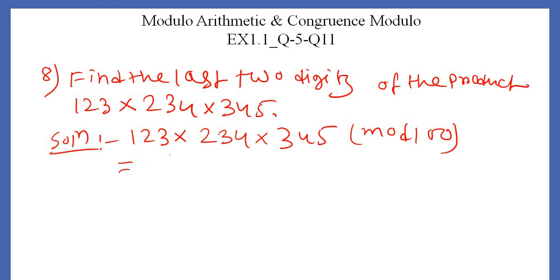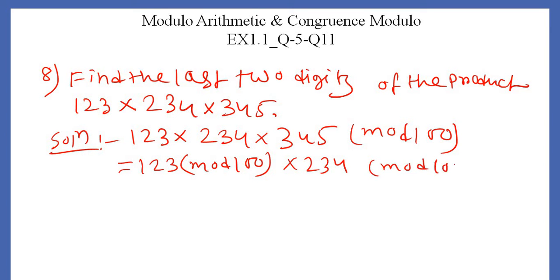Now by applying the property of multiplication of congruent modulo, you can write it in the next step as 123 mod 100 into 234 mod 100 into 345 mod 100, right?